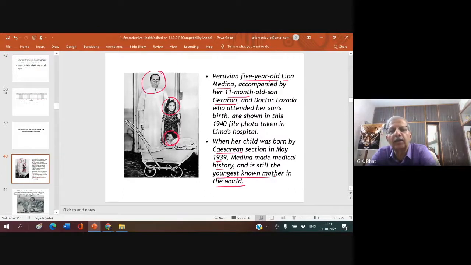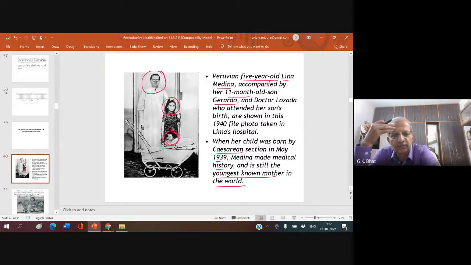This girl gave birth to the baby in 1939 when she was 5 years old. That means she must have got her cycle at least 1 year before, because there is a requirement of 9 months of pregnancy. Understood?